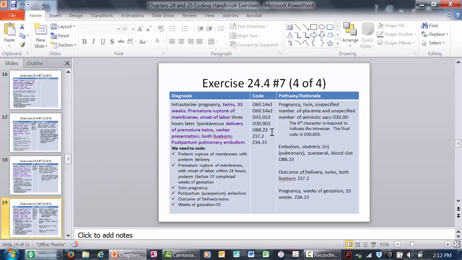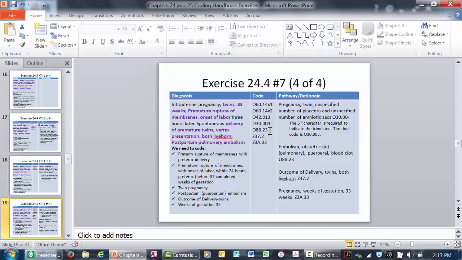And here are the last few codes where you have a twin pregnancy. Anytime you have multiples, you're going to be assigning a code specific to that. In this case, it was twin. It could be multiples. And we were not told in the documentation how many placentas or amniotic sacs there were, so you're going to choose the less specific O30.00 with the 6th character indicating it was the 3rd trimester.